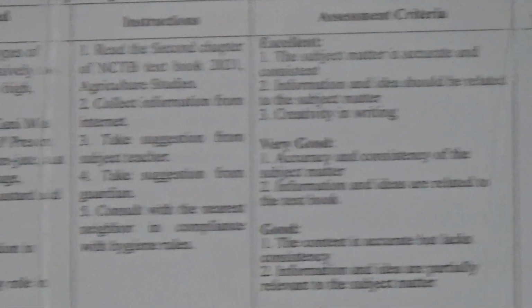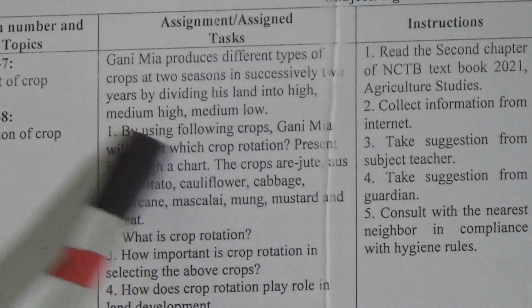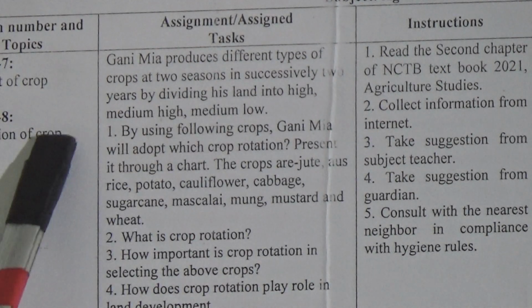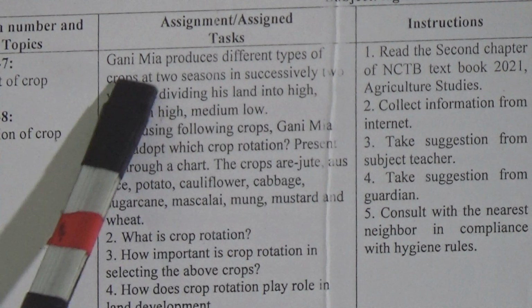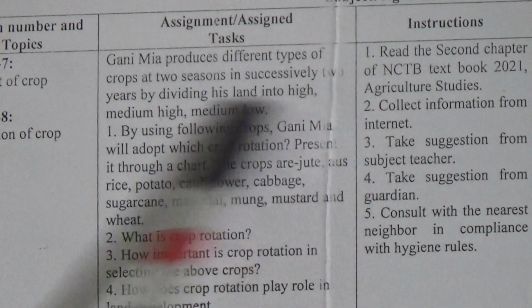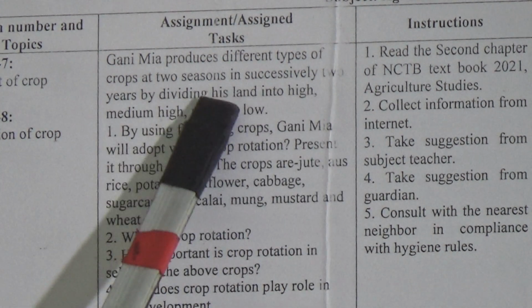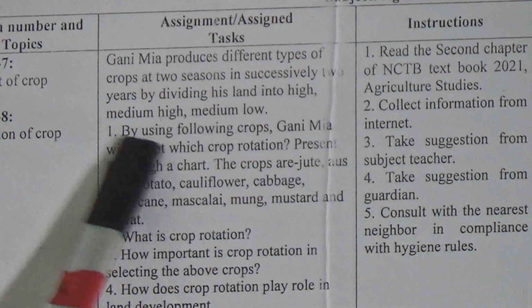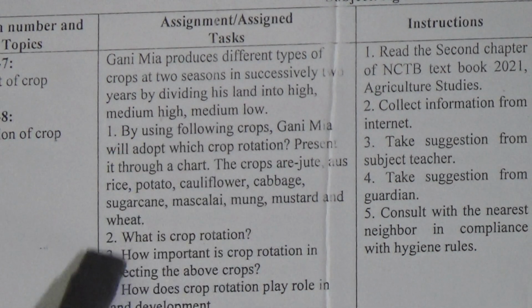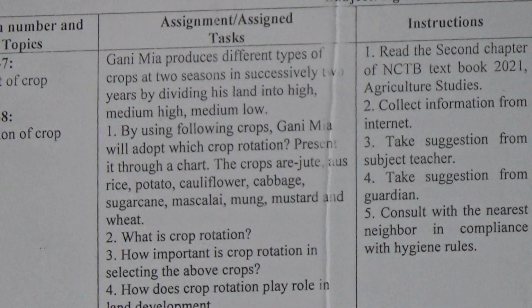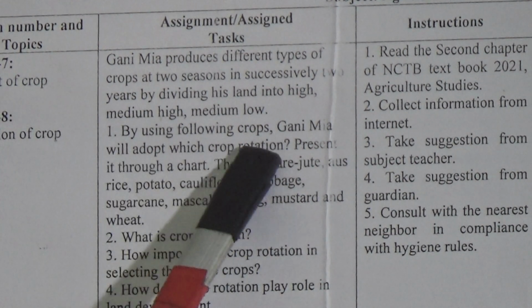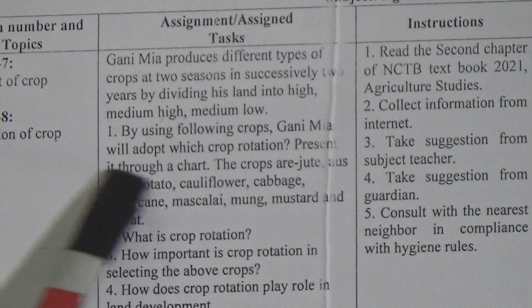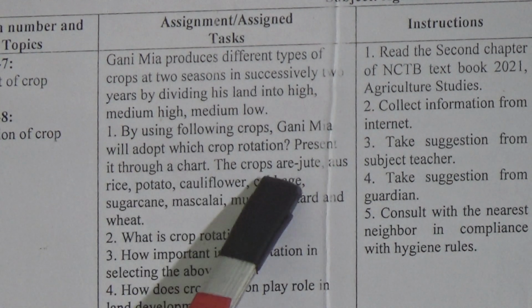Dear students, question number 1 of the assigned task is: Gonemia produces different types of crops in 2 seasons in successive 2 years by dividing his land into high, medium, and low. Okay, this is the stem. Then question number 1: by using the following crops, which crop rotation will Gonemia adopt?